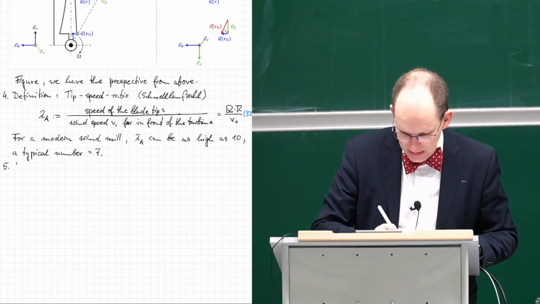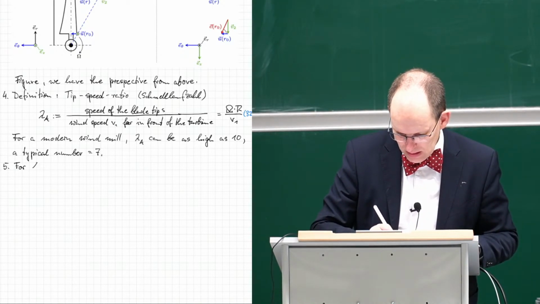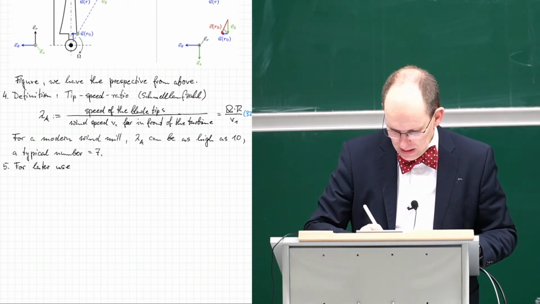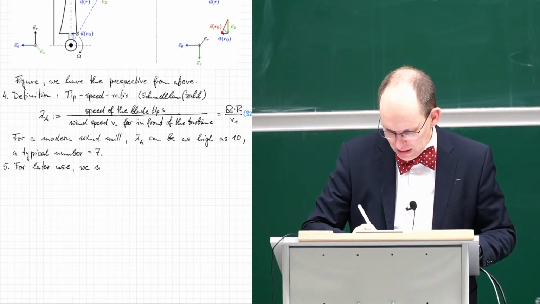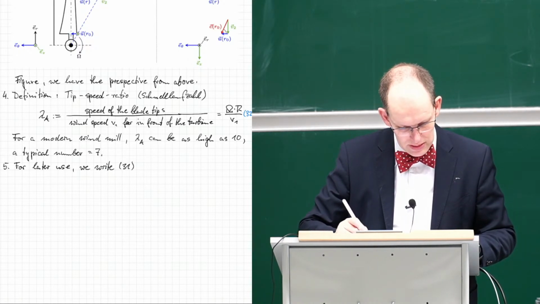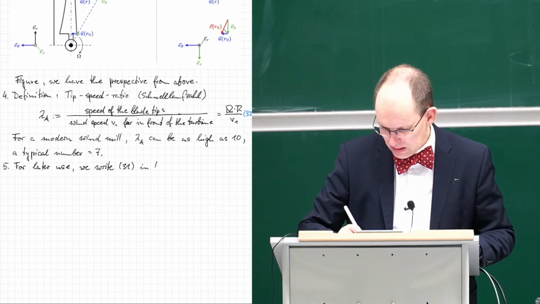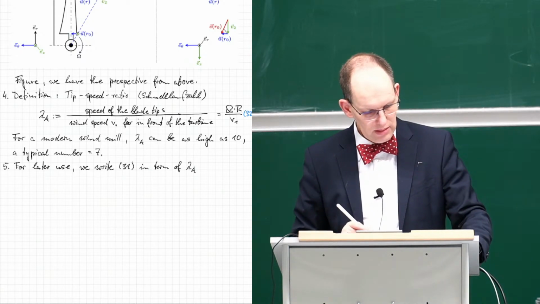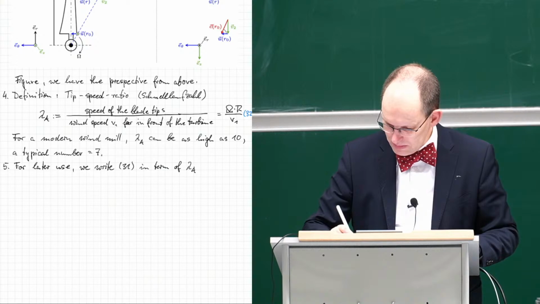So for later use, we write this equation 31 in terms of lambda A. And this is, of course, very easy.